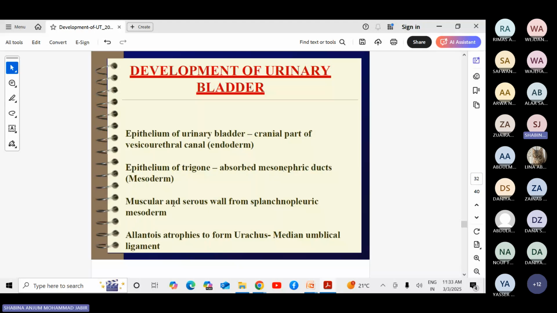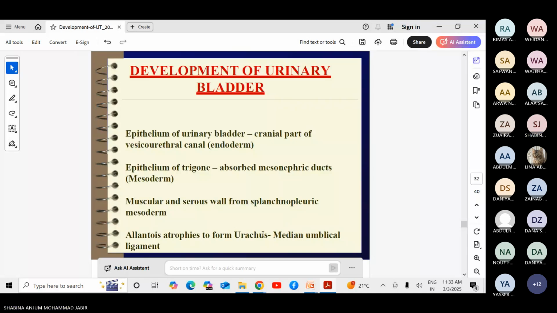Then the muscles and the wall will also be mesodermal in origin, developing from the splanchnopleuric mesoderm. Finally, what happens to the allantois? It will atrophy to form the urachus. The urachus finally will form the median umbilical ligament.